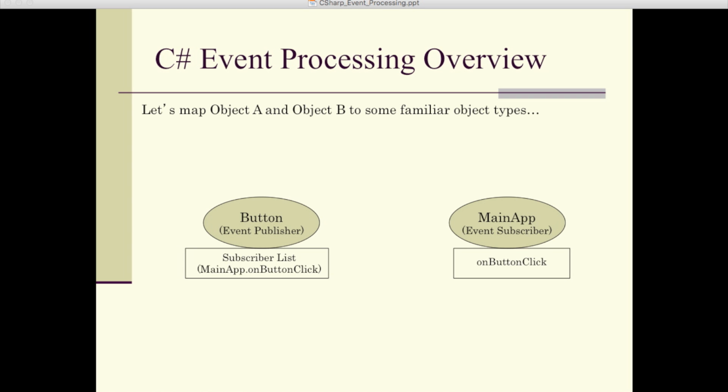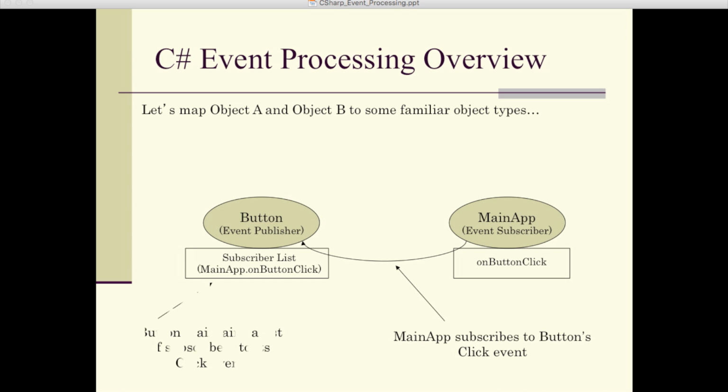And in the main app, there was a button click handler. I didn't call it on button click, but let's just say that that's the name of it. So there's an event handler method in the main app class. The main app subscribes to button's click event. And the button maintains a list of subscribers to its click event.